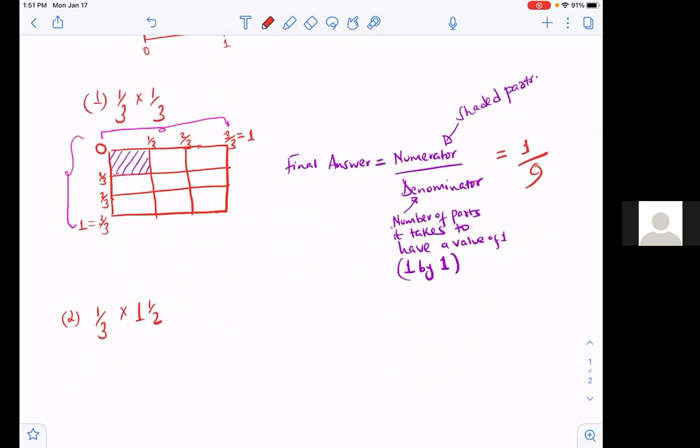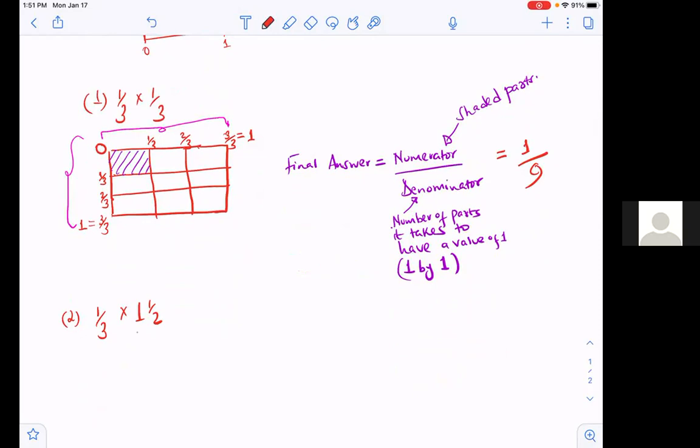Now, this one is the same as, let's agree that in 1, this 2 here, the denominator of our mixed fraction, tells us that whatever we are going to assign the value of 1 will be partitioned into 2 equal parts. So this one has 2 halves.